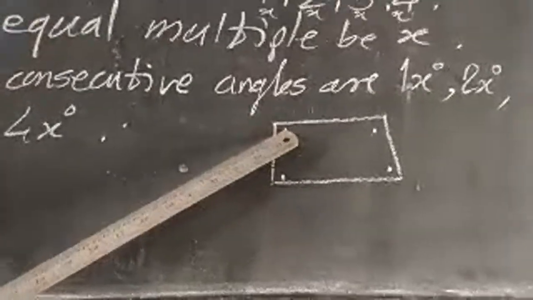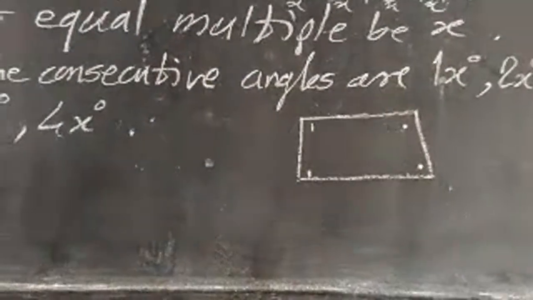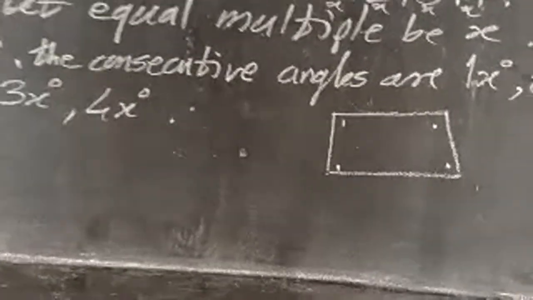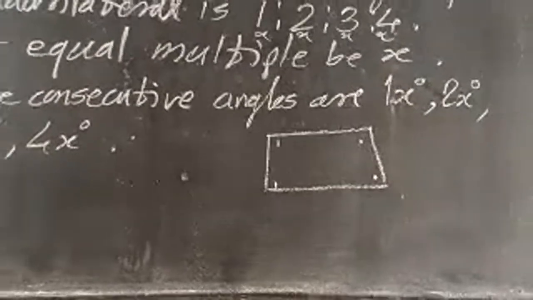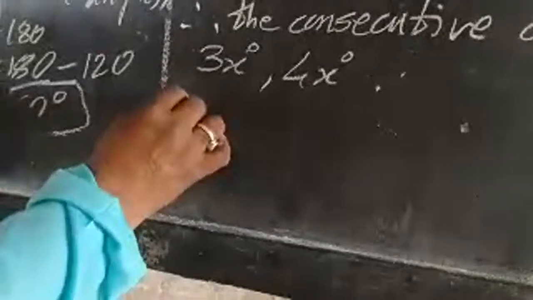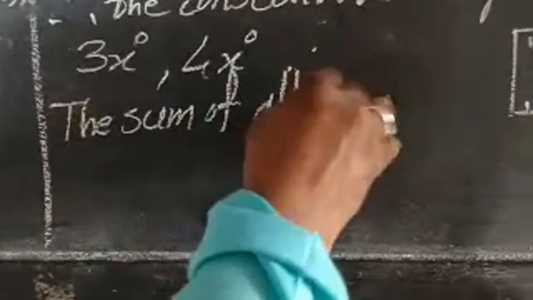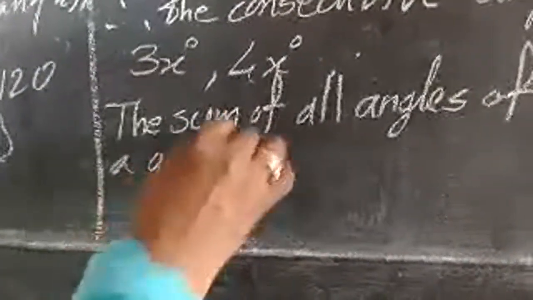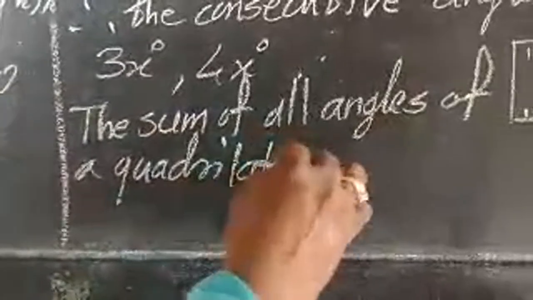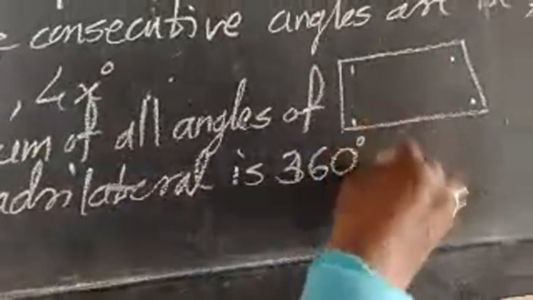The sum of measures of all angles of a quadrilateral is 360 degree. That sentence we write here. The sum of all angles of a quadrilateral is 360 degree.